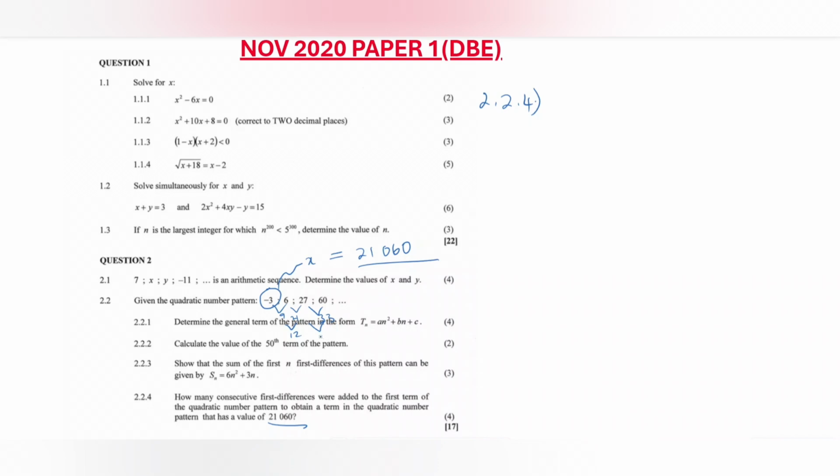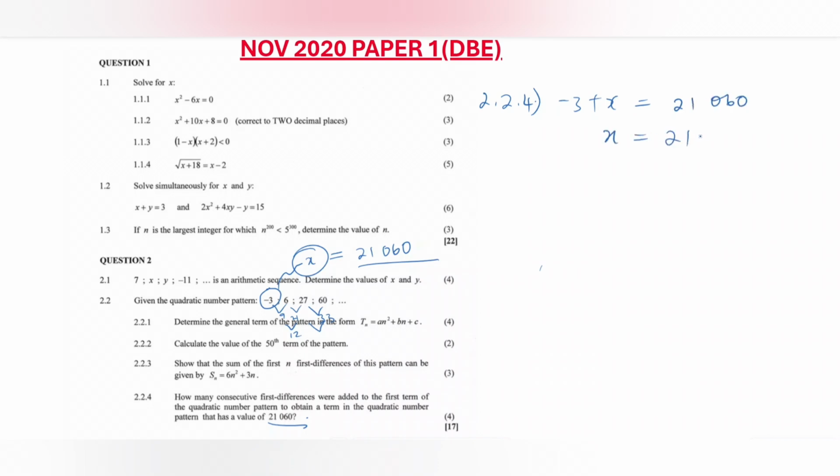So in this case, to calculate this number of terms, the best way is to get this value of x first. Remember, there are many ways of doing this question, so if you have your own way, that's okay. What matters is getting to the right answer. We can say minus 3 plus x must give us 21,060. So let's see the value of x.